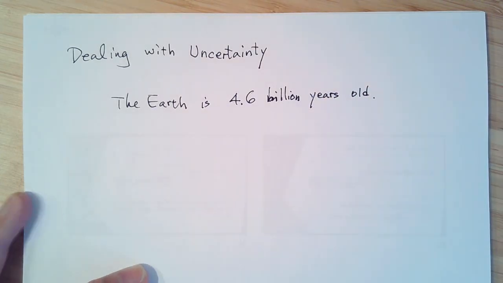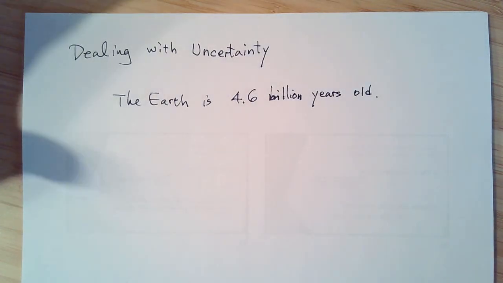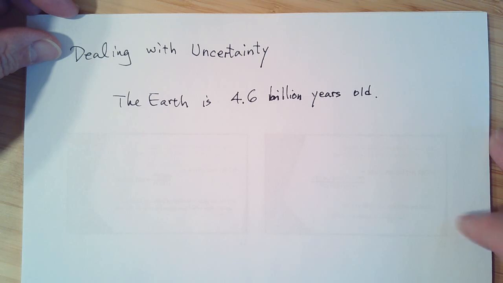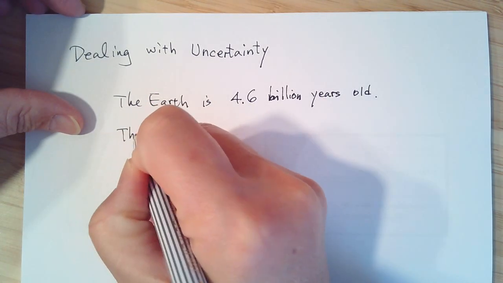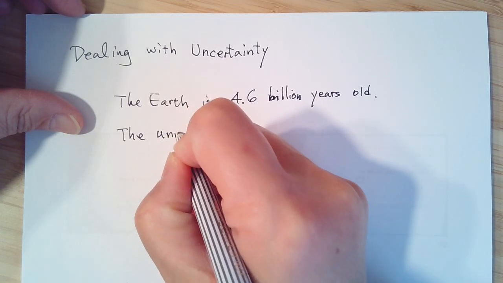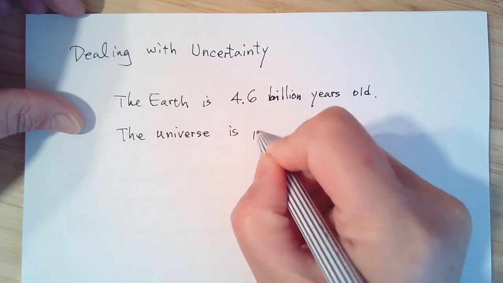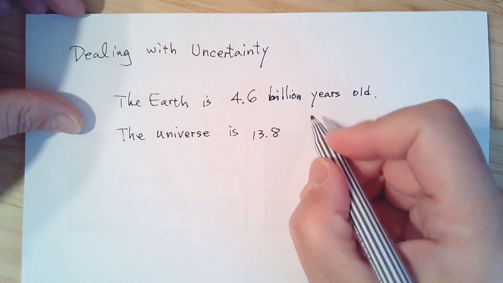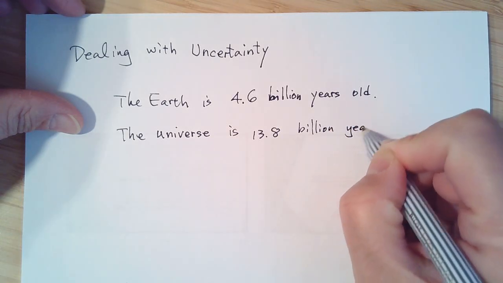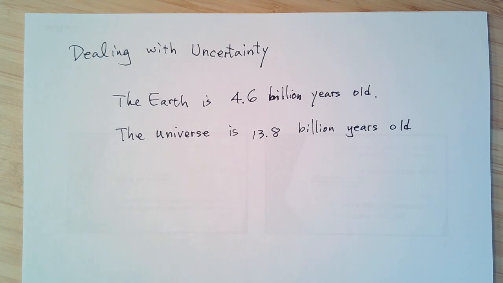That was written on the board next to the picture of our Earth. And then there's another one that said the universe is 13.8 billion years old. Oh no, let's write what 4.6 billion is.